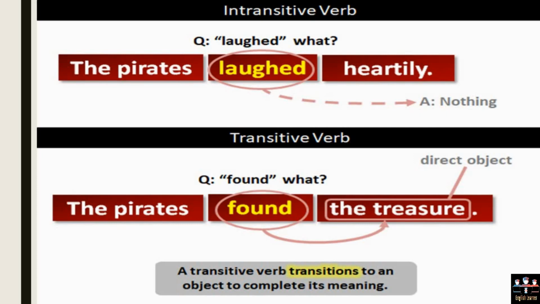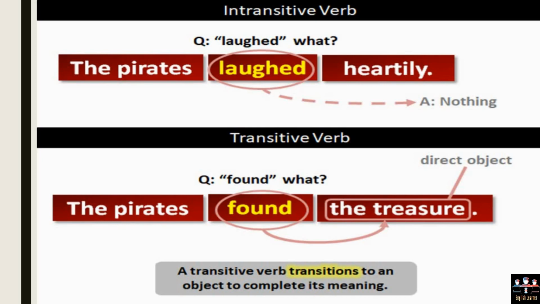Next, we are going to discuss more examples of the transitive versus intransitive verb concept. First of all, dealing with the intransitive verb. The pirates laughed heartily. As I told you, the transitive verb answers us about what or whom. Let us apply this rule on this example.